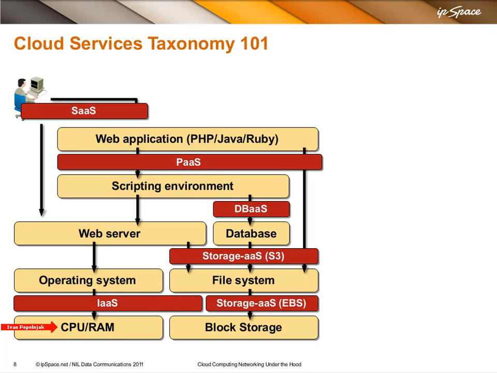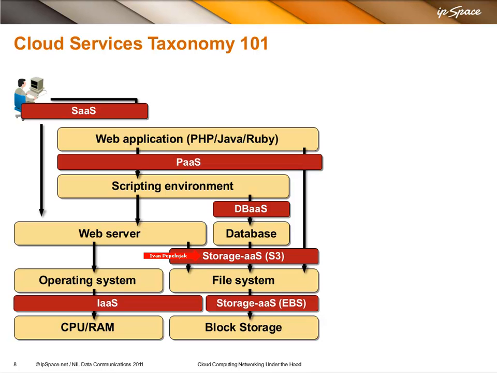If you put a service between the user and the web application, it's called software as a service. If you give people an environment in which they can develop their scalable web applications, it's usually called platform as a service. Then you have very obvious database as a service and two types of storage as a service.